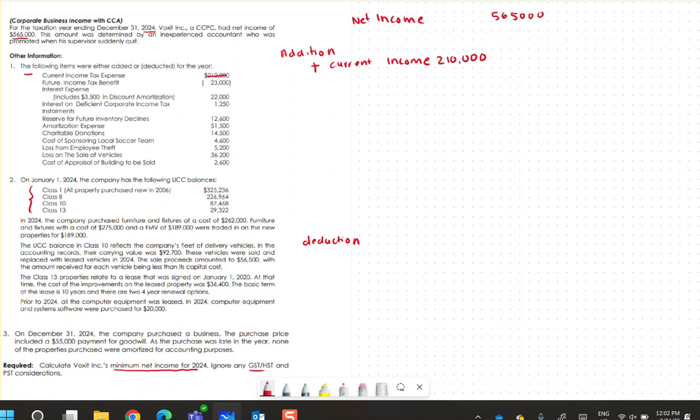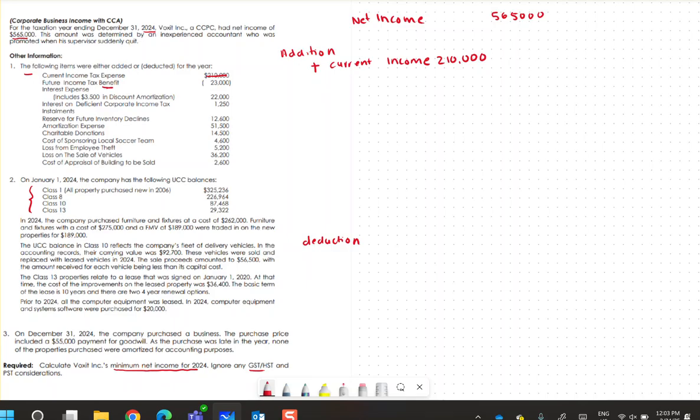Next we have something called future tax benefit. Future tax benefit arises because we produce our income using GAAP principles. However, income tax does not recognize GAAP principles, and so we have something called permanent difference and temporary difference that you learned in your intermediate class, chapter 18.